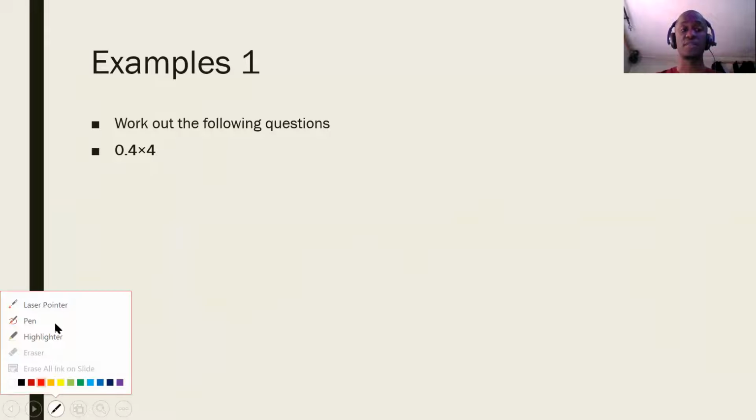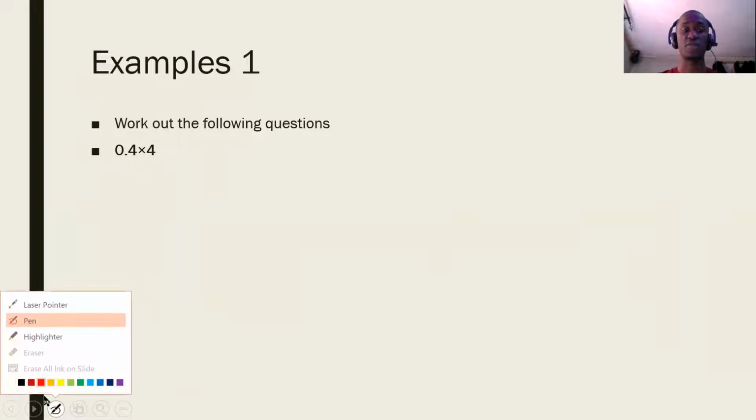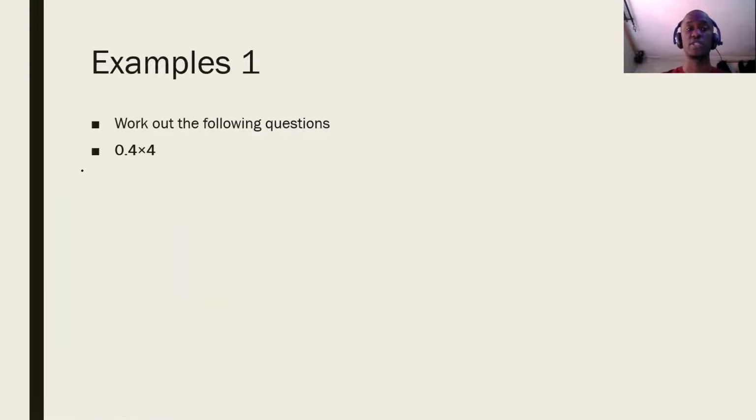So our first example is 0.4 times 4. That is the first question we are going to tackle. And as I said last Wednesday, if you want to work out such a question, number 1, you have to count the number of decimal points. And on number 0.4, we have got only 1 decimal point.